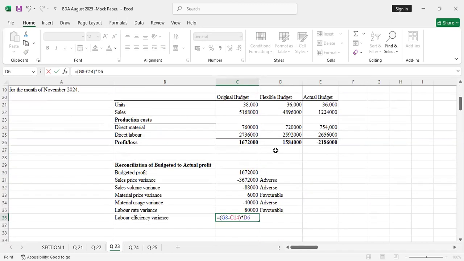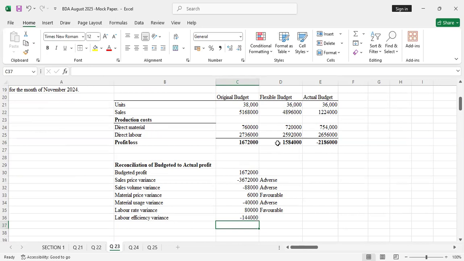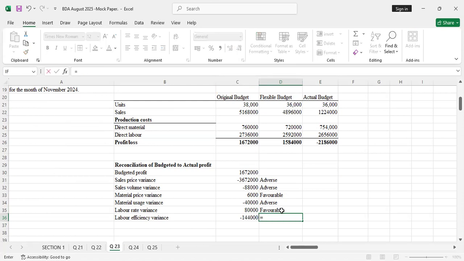That's the standard rate. Then you enter, and it gives you a negative of 144,000. It's adverse because for labor efficiency variance you take the standard hours minus actual. Whenever the standard is less than actual, that automatically qualifies as an adverse variance. So you just say adverse.